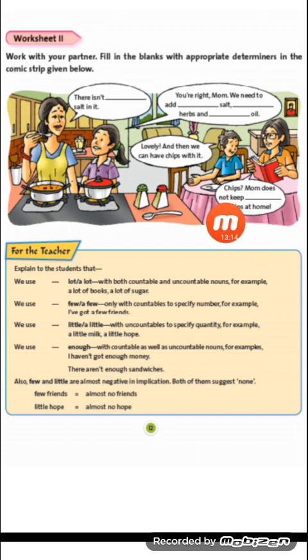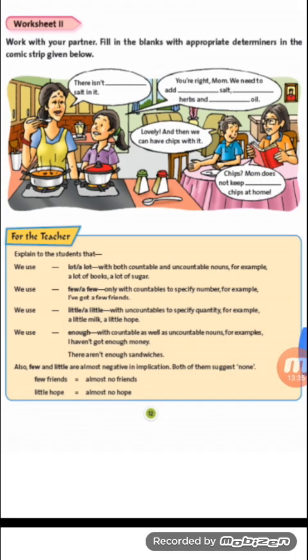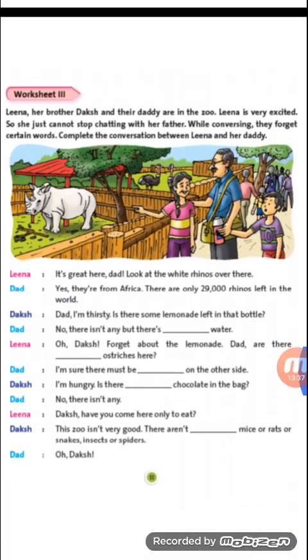Now since here not is given, so mom does not keep any, we will use here any chips at home. Now students, a box is given here. Read them and review them, revise them also. So we use a lot and a lot, few and a few, little and a little. Try to find out where we use this. All these. Let us head towards our next worksheet.